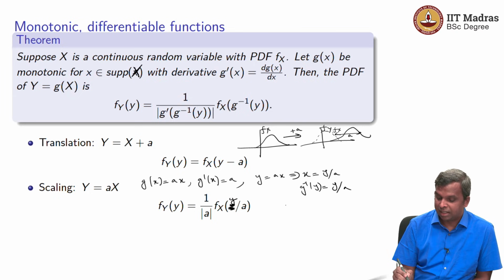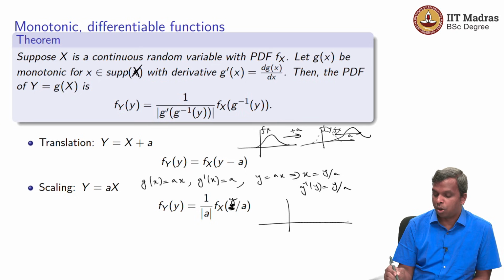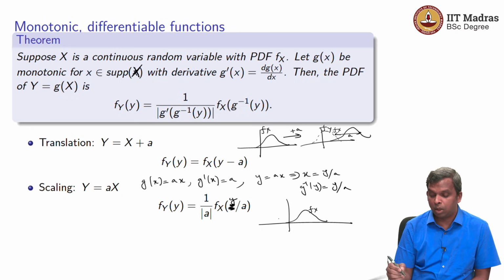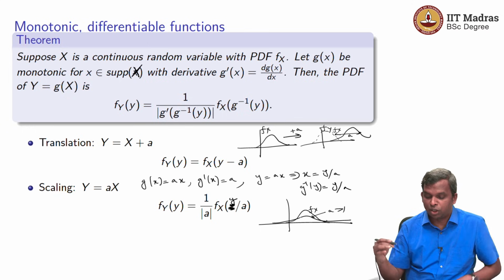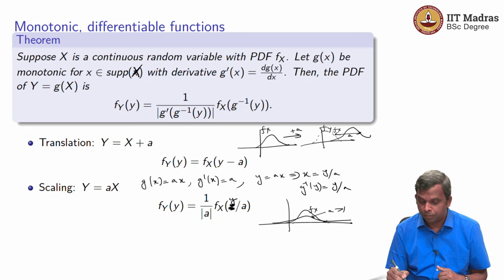And notice what happens in scaling. Maybe I should draw both in the same picture. So if you have f_X, if you do 1 by a, f_X of y by a, if a is greater than 1, you will get something like this. So this is for a greater than 1. For a less than 1, it will shrink, so it will go like that. So this is a less than 1.